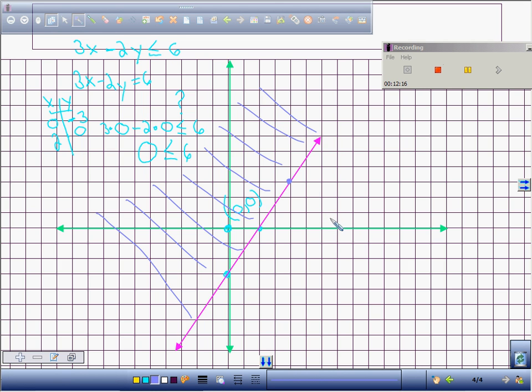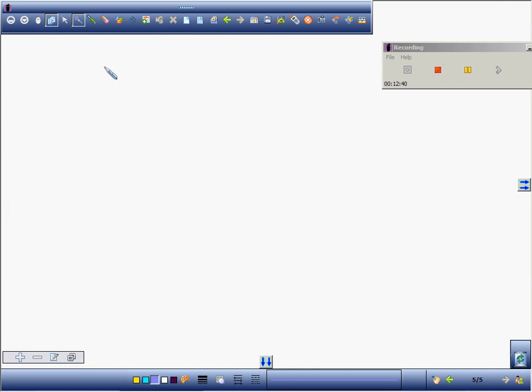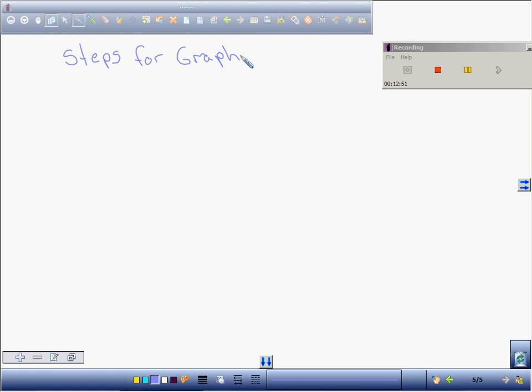Okay, so I'm going to give you some steps that would be useful for graphing inequalities. The first step is 1.